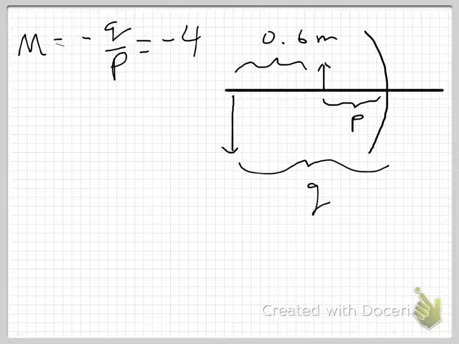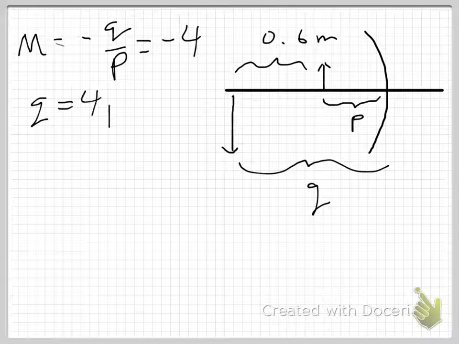So now we have a relationship between the magnification factor, which we know, Q and P. I can solve this, and I get that Q is equal to 4P. Negative signs are going to cancel. I can solve that for Q in terms of P. So that's one relationship we have.